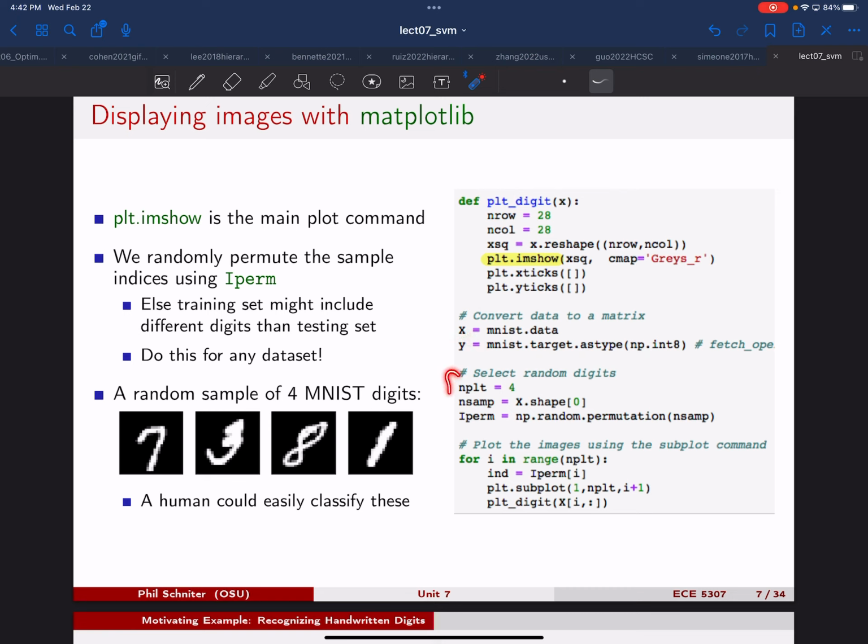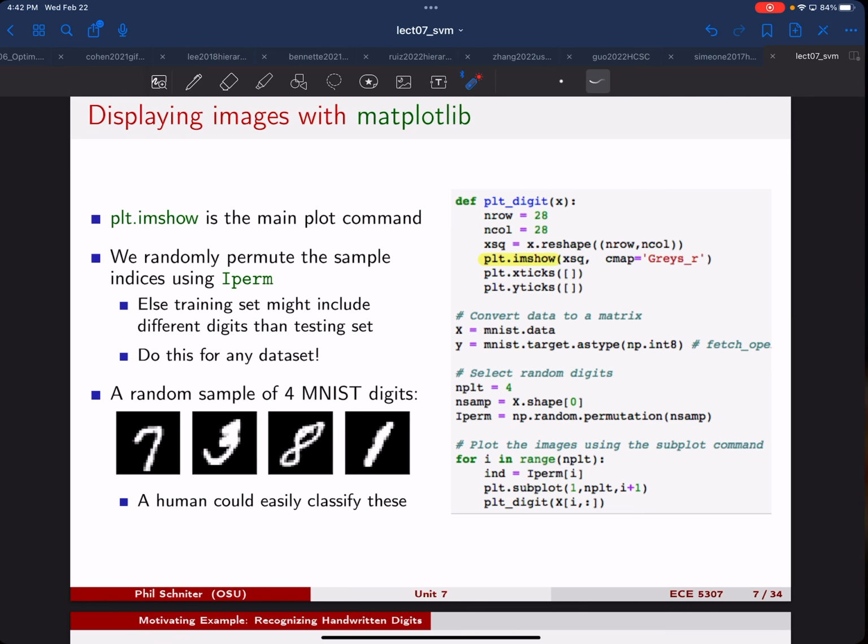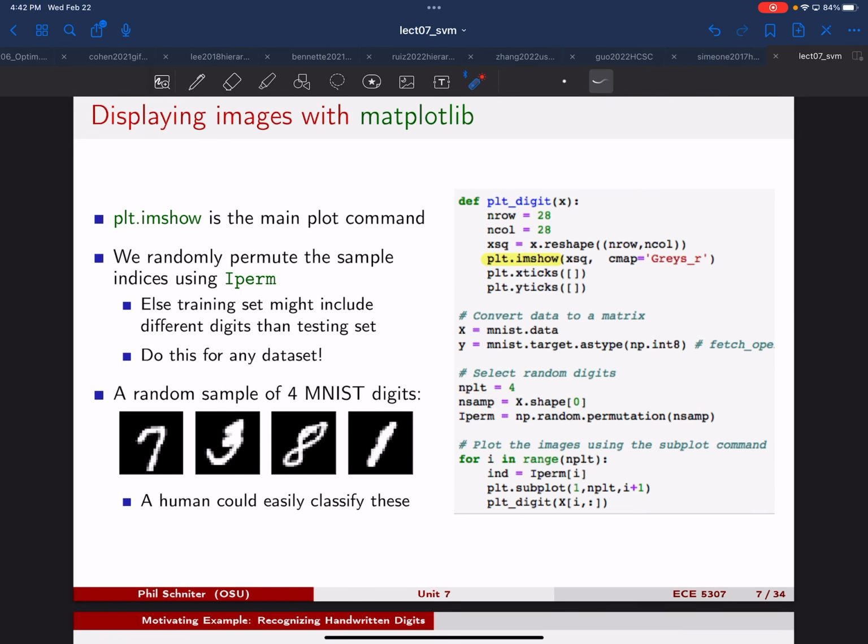And then this code just shows, let's select 4 random digits. So here we're using NumPy random permutation. First we're getting the number of samples. We're taking our X matrix, and we're looking at how many rows it has. As we said, this is going to be 70,000. And then this next thing here is taking the list of integers from 1 to 70,000 and doing a random permutation of it.